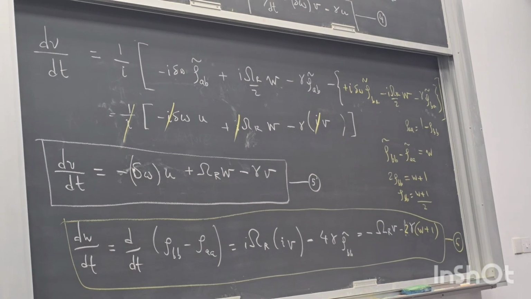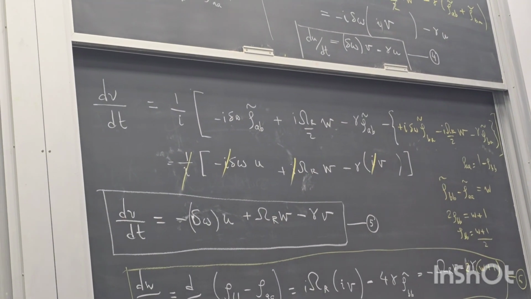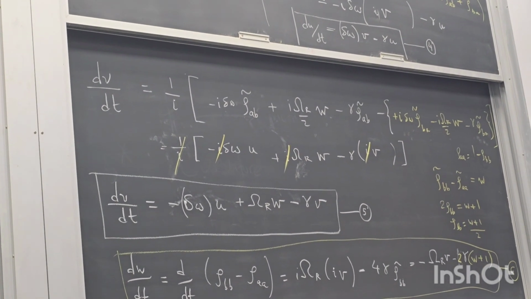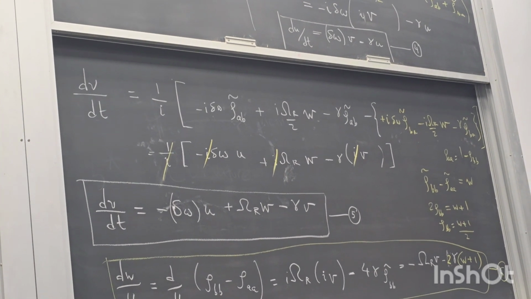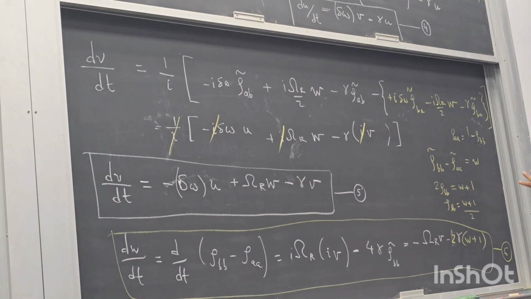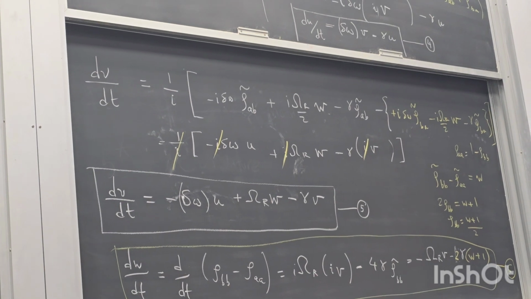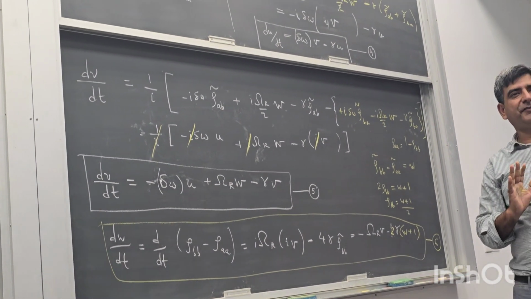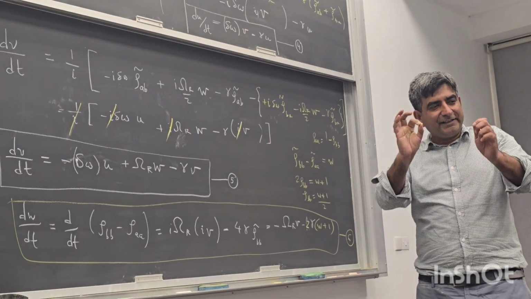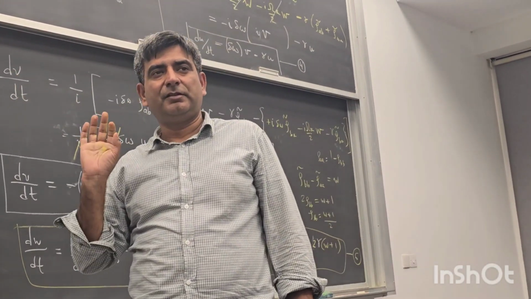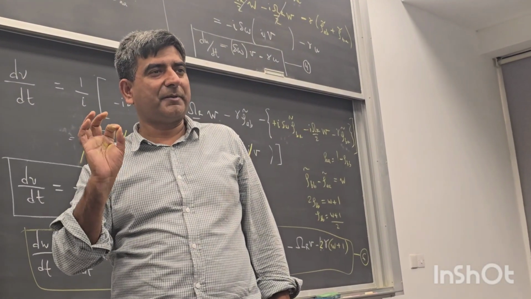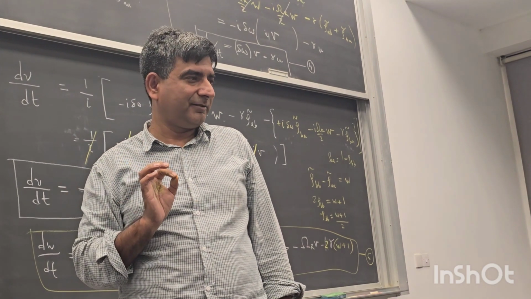These are differential equations in terms of the real parameters U, V and W, which are related to the Bloch vector. And they are real numbers. Everything is real here, on the left hand side, the right hand side, everything. So now I have a classical differential equation. These 3 equations are much easier to solve than the equations of the elements of the density operators.